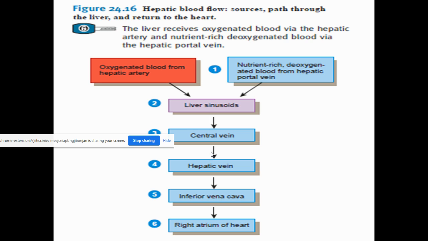The liver receives blood from two sources. It receives oxygenated blood from the hepatic artery, and deoxygenated blood from the hepatic portal vein. This hepatic portal vein contains nutrients absorbed from the small intestine, and it also contains some microbes, toxins, and drugs.